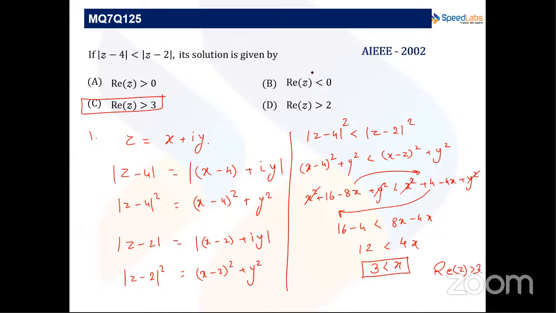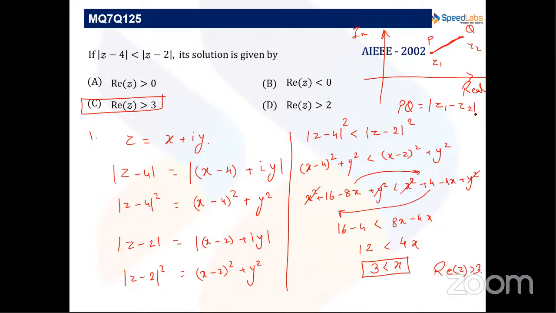Now in this question, you can solve it in a different manner. We know that if we are having an Argand plane in which this is a real axis, this is an imaginary axis, and we are having two points P and Q which are represented by the two complex numbers Z1 and Z2, then the length of PQ is given by mod of Z1 minus Z2.